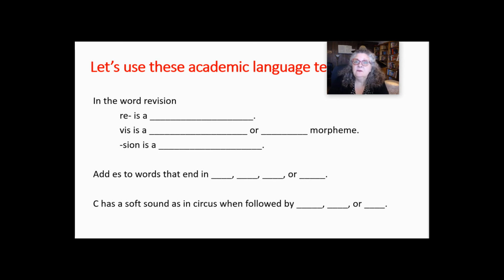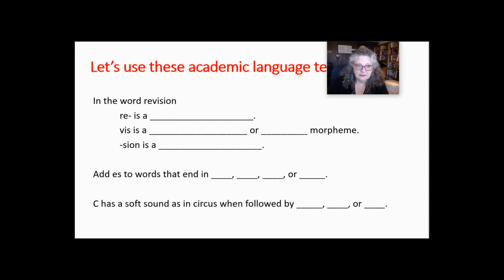In the word revision, re, what will we call re? It's a prefix. Is it a bound morpheme or free morpheme? It's also a bound morpheme. The vis right here, is it a root or is it a base?